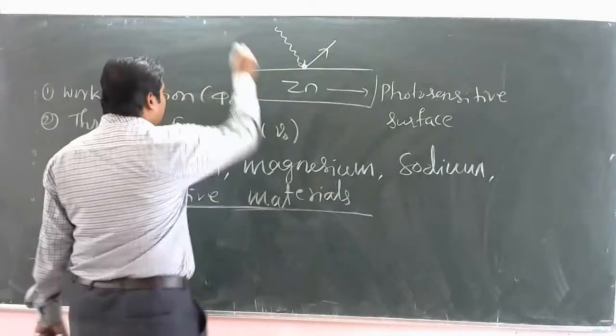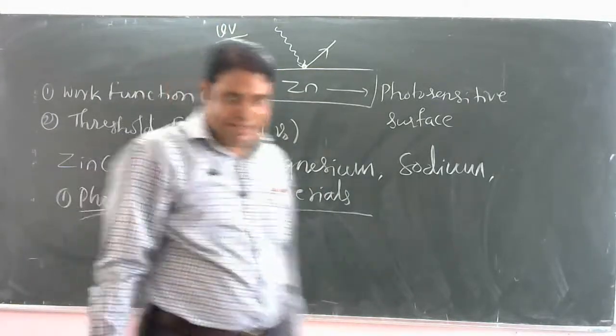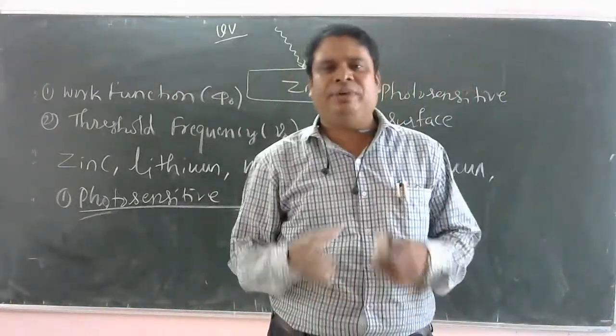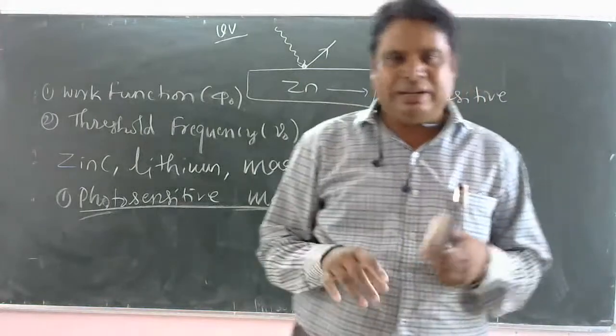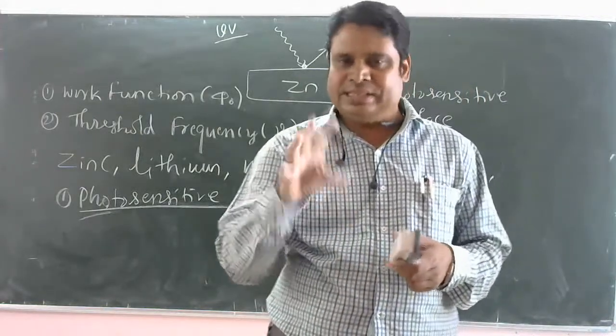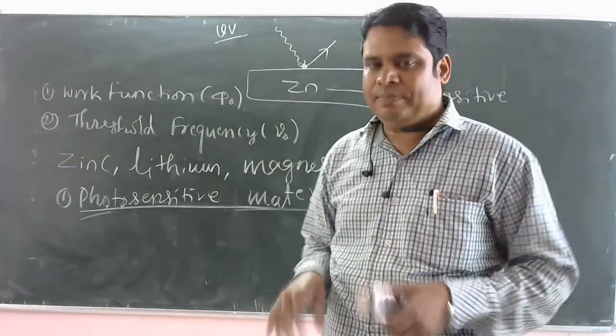Usually, UV radiation is used. There are certain materials which are sensitive to UV, and certain materials which are sensitive even to visible light. In this chapter, in most cases they have used UV sensitive materials.